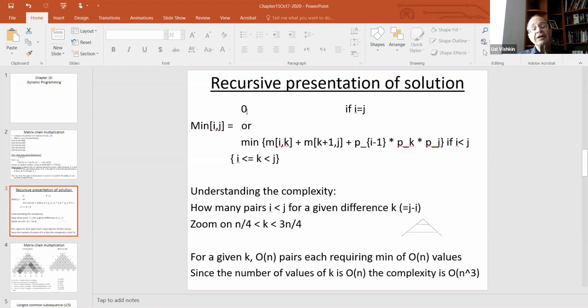And then to look at increasing difference, and here I apologize for using the letter k twice. Here k meant the value where I break. Here k means something else.